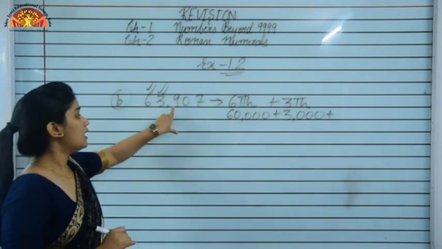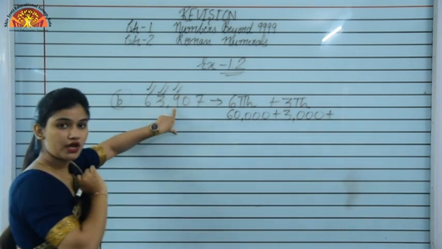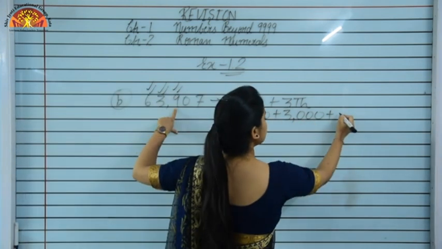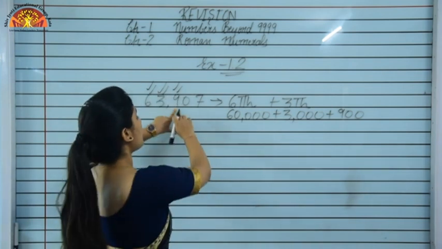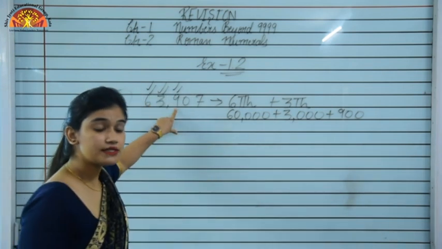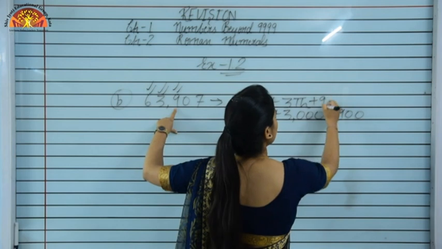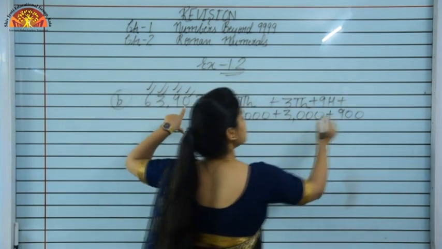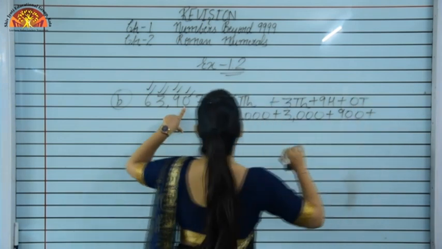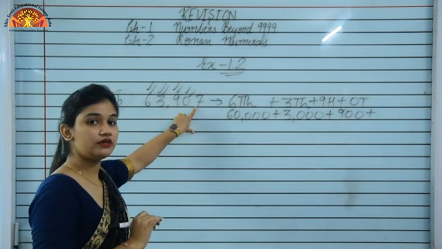Understood students? Now the place value of 9. After 9 we see 2 digits. So we'll put 20, and 9 is coming at hundreds place. So the place value of 9 is 900, and the place value of 0 is 0 tens, and after 0 we see only one digit.